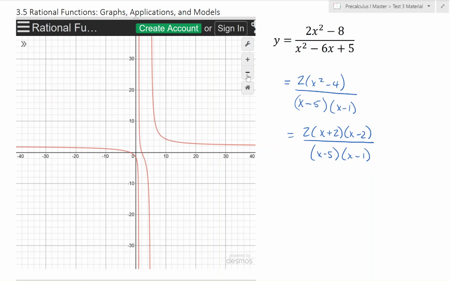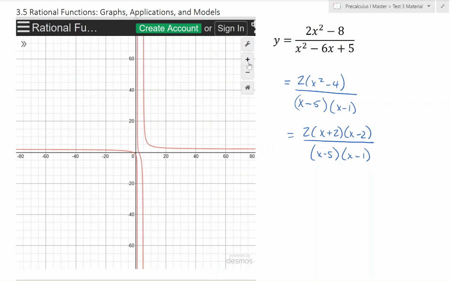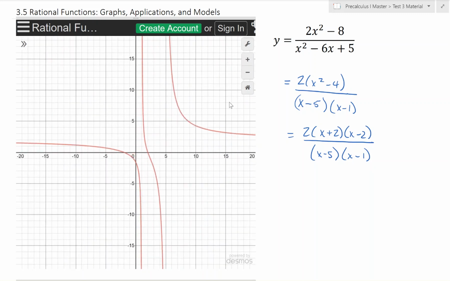Those are two places where you will not have any graph crossing those areas. In fact, it gets really close to them, but it never touches them. And the x-intercepts are here at negative 2, 0 and a 2, 0. And you can see that comes from your numerator here.